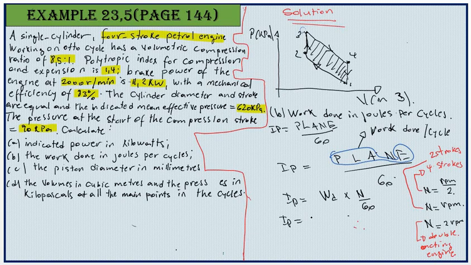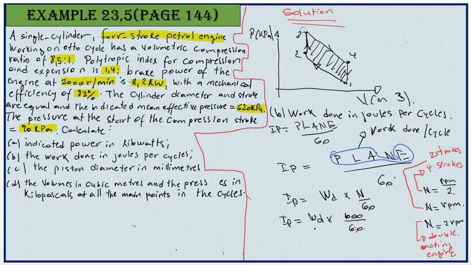So in other words, IP is equal to WD multiplied by N, which in this case is that value divided by 2, so we put 1000 on top, and then we have 60. Now we need to make WD the subject of the formula.